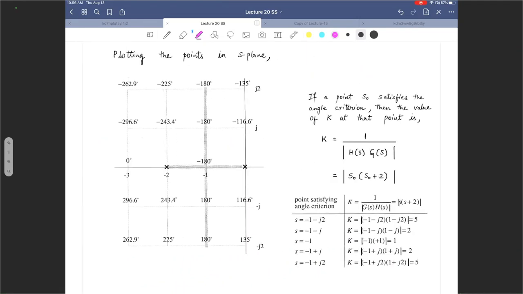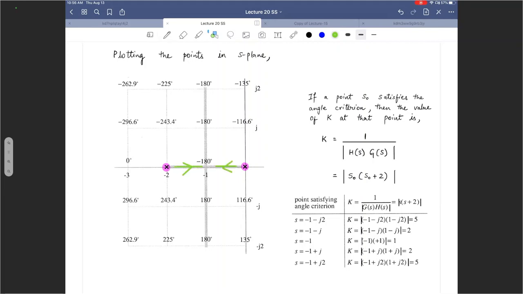Let's move on. So now if we plot all these points in the S-plane, we will see that you have got a starting pole here and here. That is when k equals 0. And as you increase k from 0 to infinity, this is going to move this way. All right, let me take green here, and this is going to move this way.